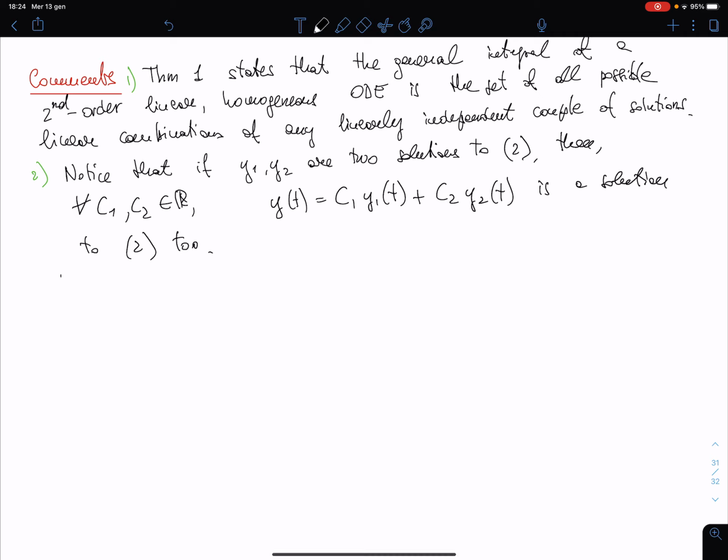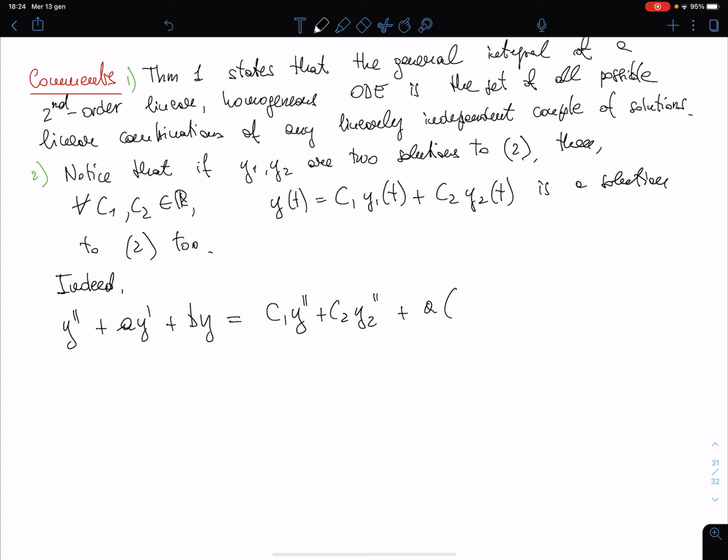Indeed, consider y second plus a y prime plus b y. This is equal to c1 y1 second plus c2 y2 second, plus a times c1 y1 prime plus c2 y2 prime, plus b times c1 y1 plus c2 y2.